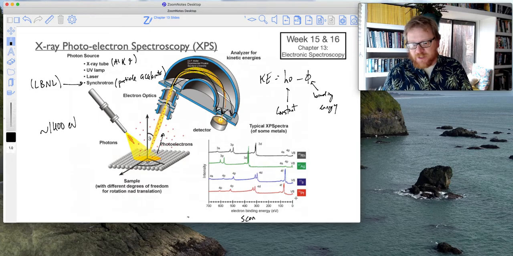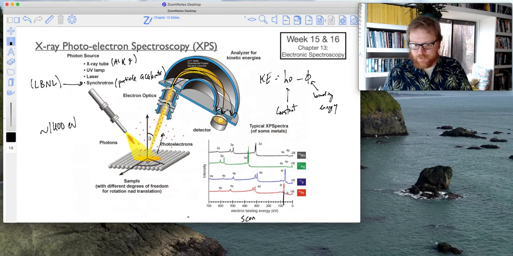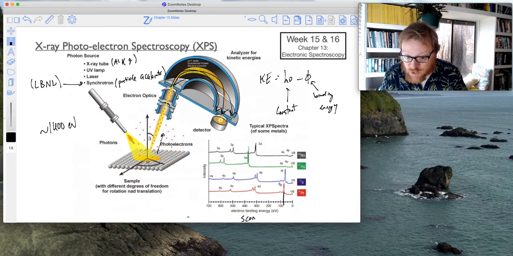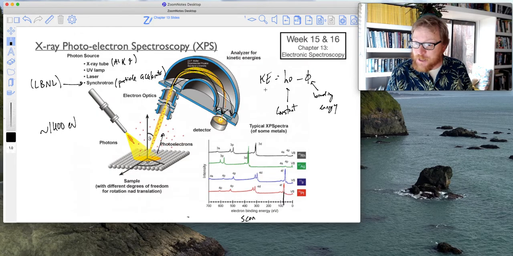Okay. So for example, if we look at platinum, here we can see at a very low binding energy of, let's say like 90 electron volt, we find 4F. Okay. And as we keep scanning into higher binding energies, and keep in mind, right, that 4F electron, for example, is going to have the largest kinetic energy, consequently the smallest binding energy.